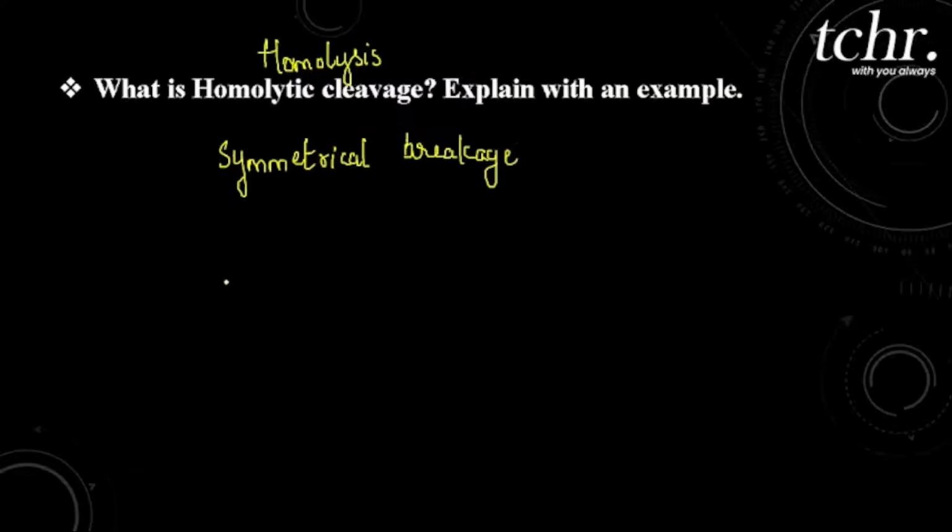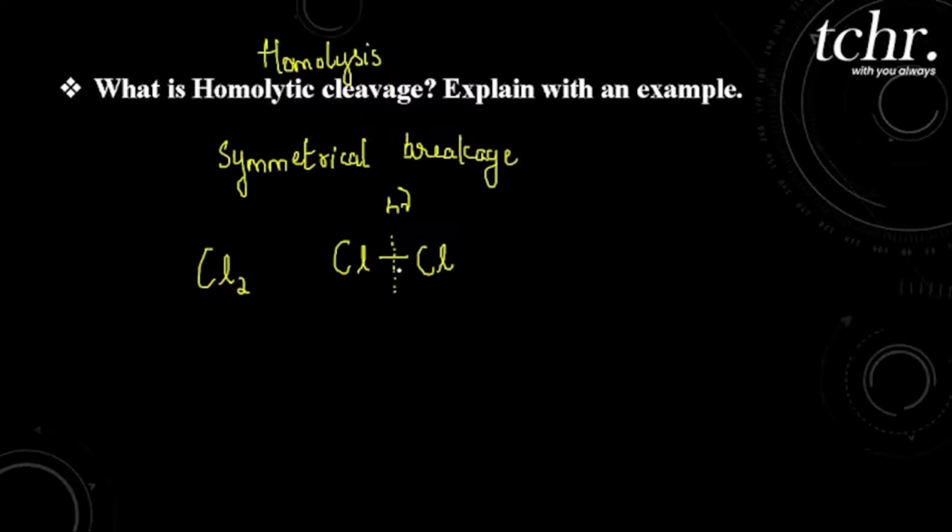Now, for example, students, what is Cl2? Chlorine molecule. Cl2 is nothing but Cl bond Cl, right? So when photolysis happens in the presence of sunlight or any light, this covalent bond breaks symmetrically.